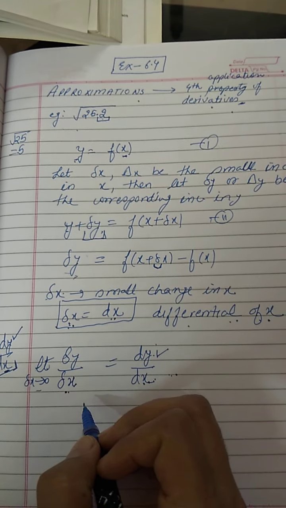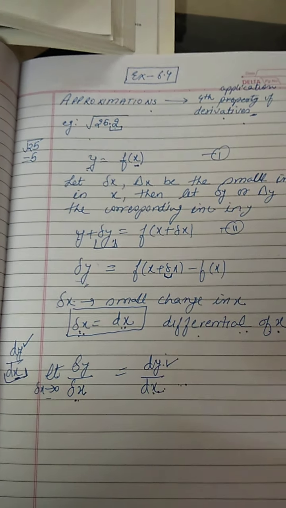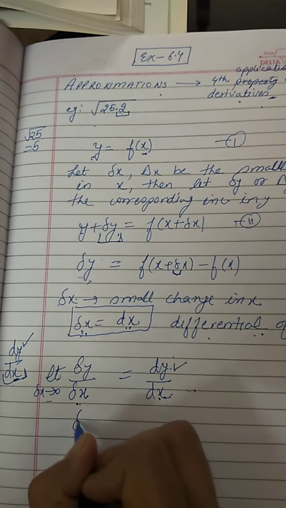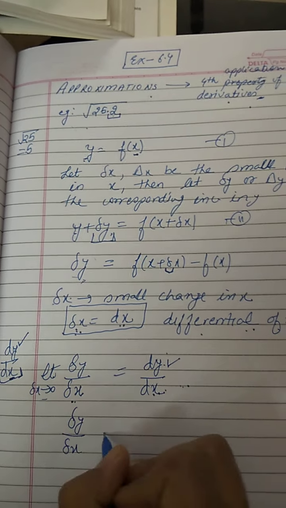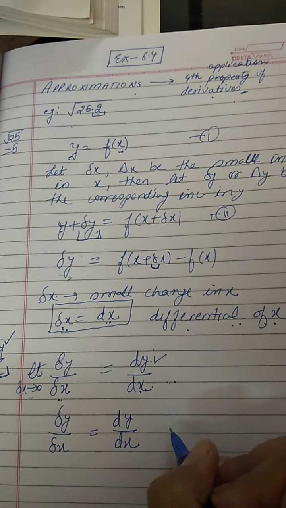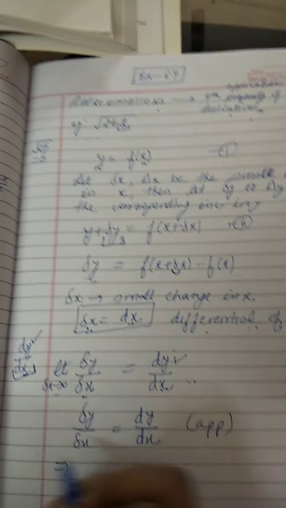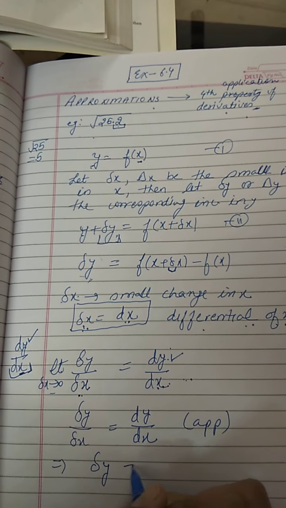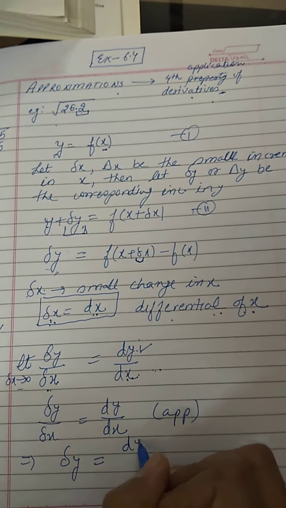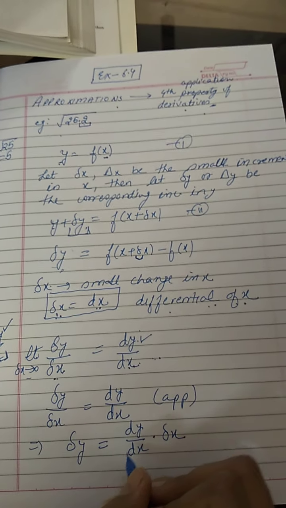And this del y by del x, I can take as dy by dx. It can be approximate, not exact, but approximate. And from here I can say the differential of y will be equal to dy by dx into del x, right?